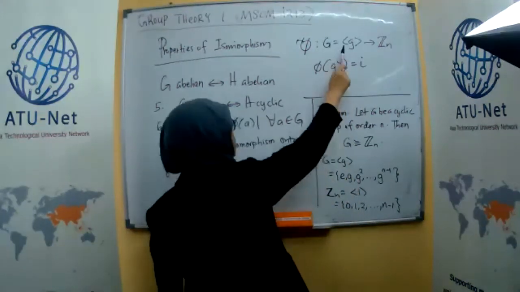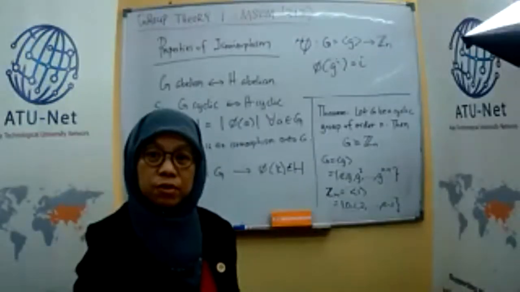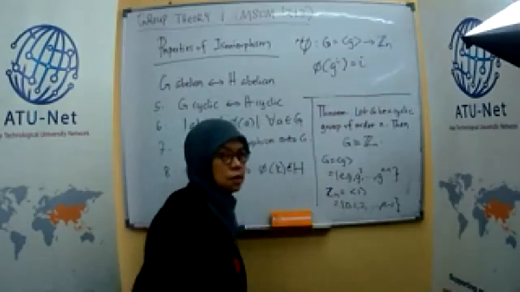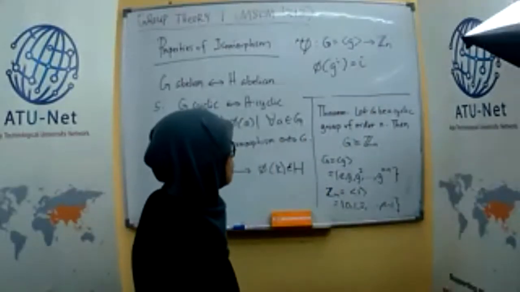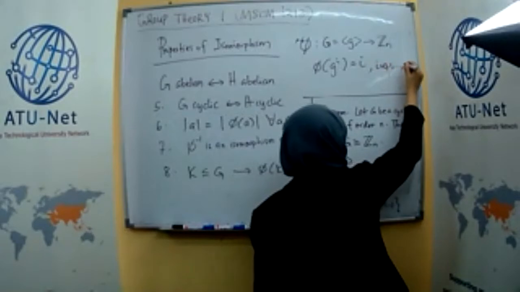So G to the I from here. And you have to show this is an isomorphism. Okay. First, this is in Zn. So I from 0 until n minus 1.